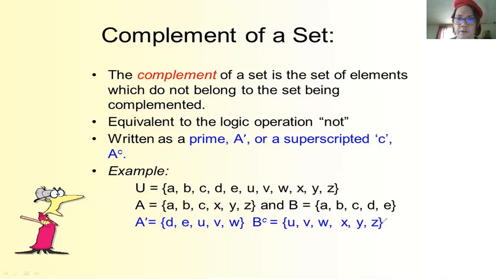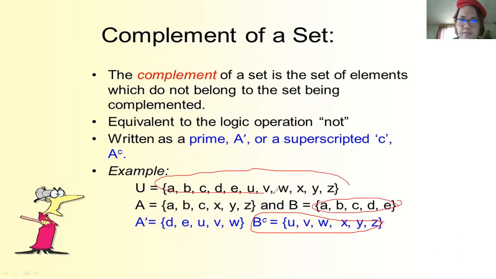This one, what about for B? So, for B, why is it our answer is U, V, W, X, Y, Z? Why is it that the complement of B are the elements U, V, W, X, Y, Z? Because, how to get it again? Okay, first we mark the common elements in a given set to the universal set.